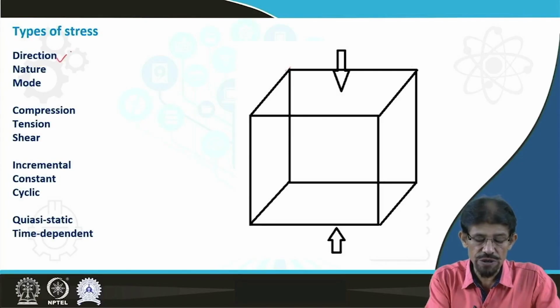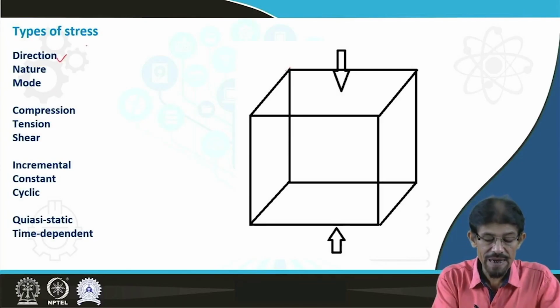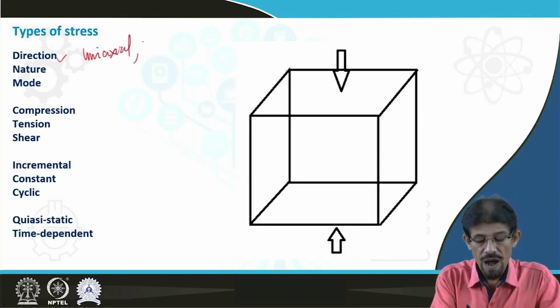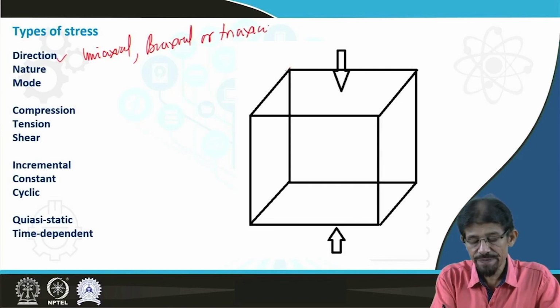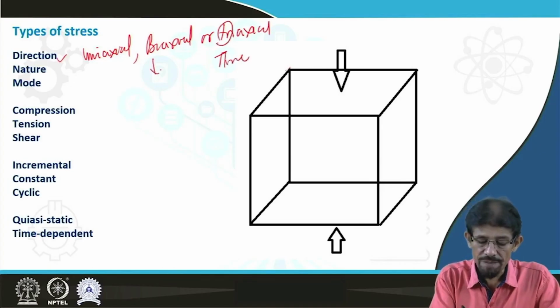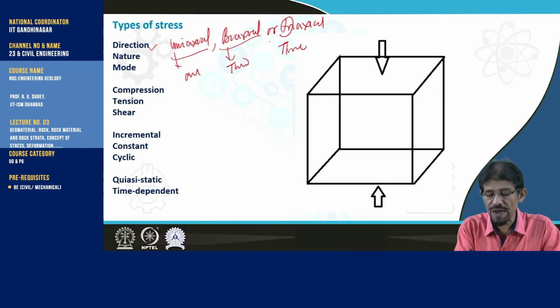It is uniaxial, or biaxial, or triaxial. As the name indicates, tri means 3, bi means 2, uni means 1. One directional, two directional, three directional.